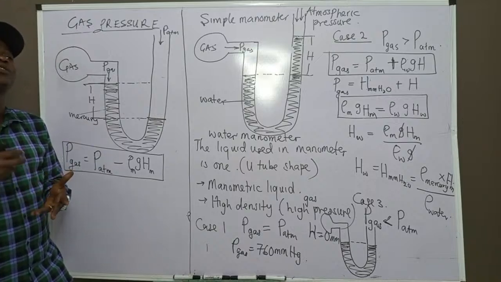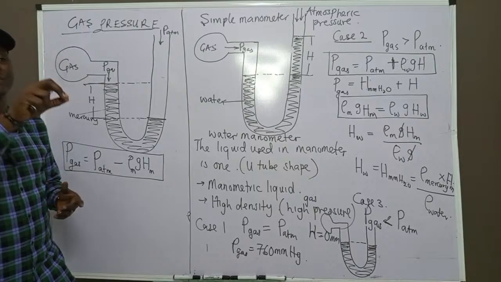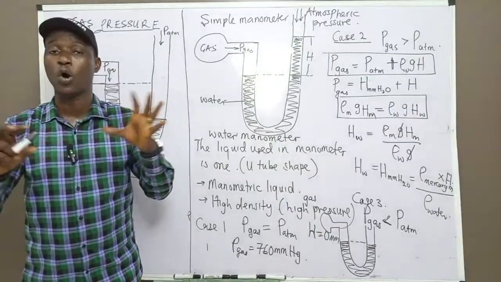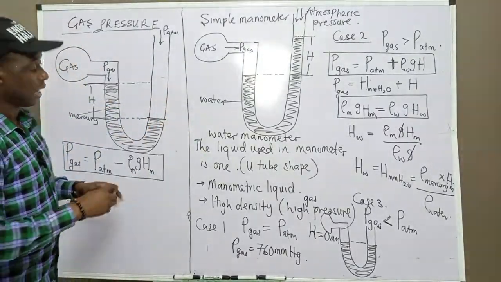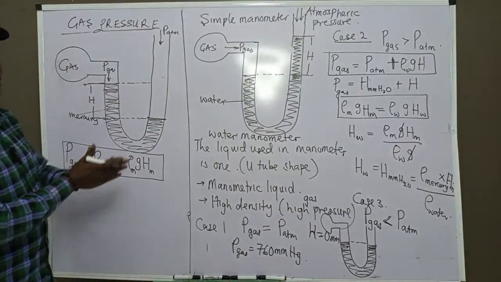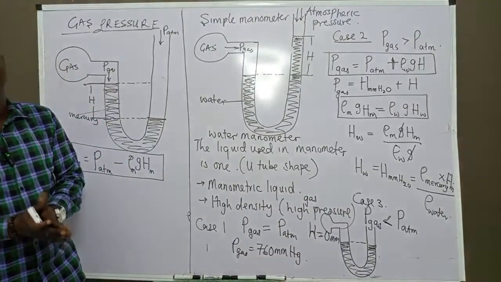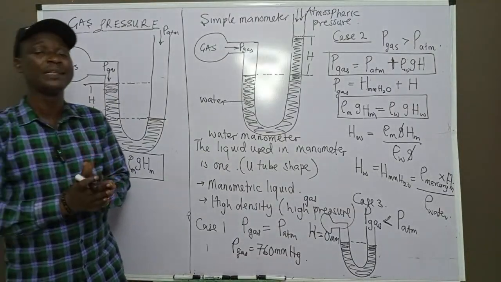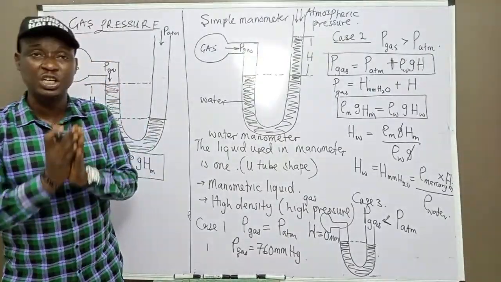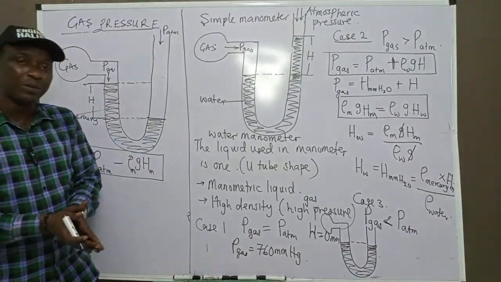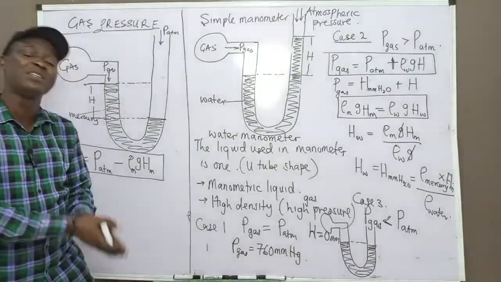By the time they exert pressure on the containing vessel, that brings about what we call the gas pressure. We have also talked about how the gas pressure can be measured with a manometer. Now, the liquid used in a manometer is what we name the manometric liquid.